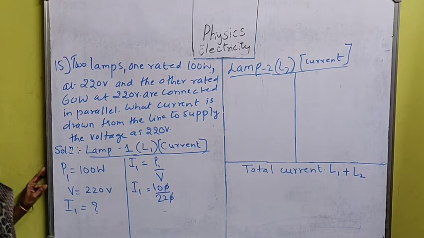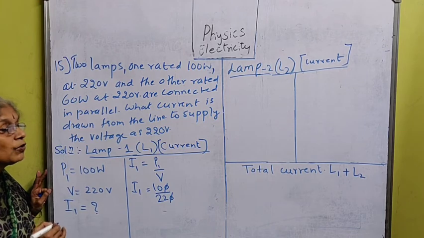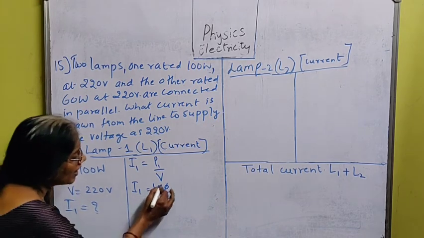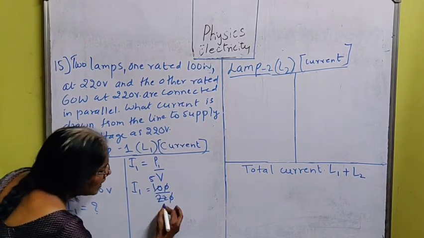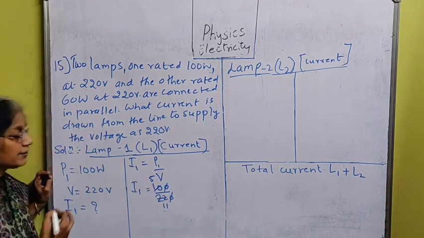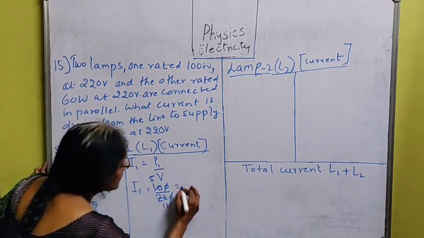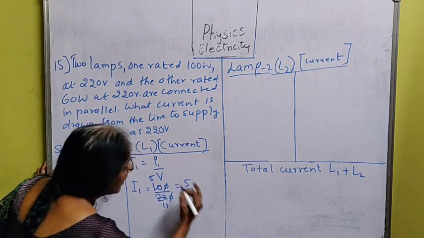Further it will go by 2. 2 5s are 10, 2 11s are 22. So you got it as 5 by 11.